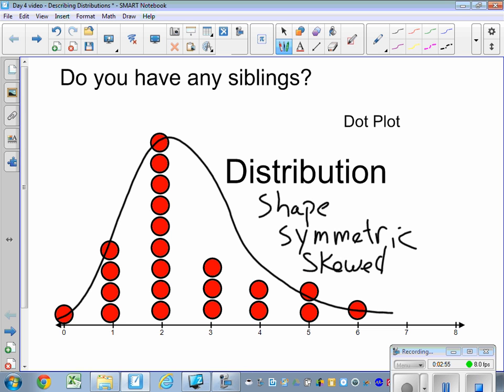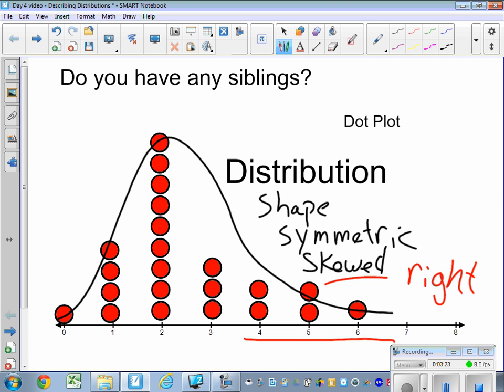And what we'll see is that this data is skewed over here. It's short here, and then it has this tail over here. And so we're going to call this right skewed. That would be our description of the shape.